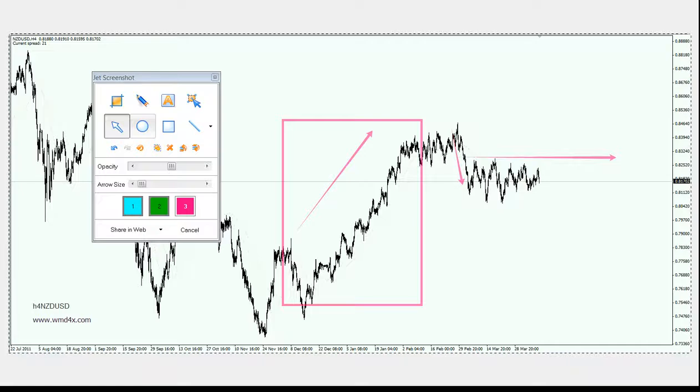So technically looking at shorts on Kiwi, but we want to be marking some levels of interest where the price may find support, right? And then as she falls deeper, we may pick quite a reasonable swing level.